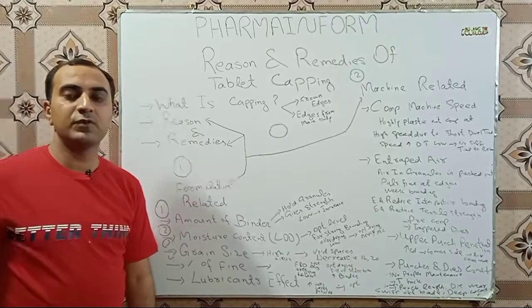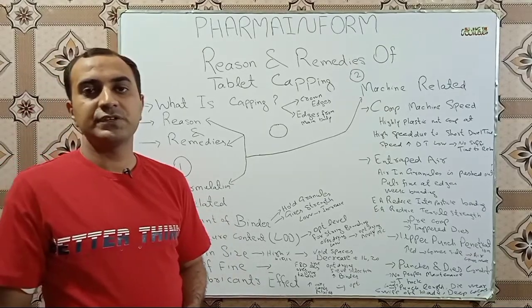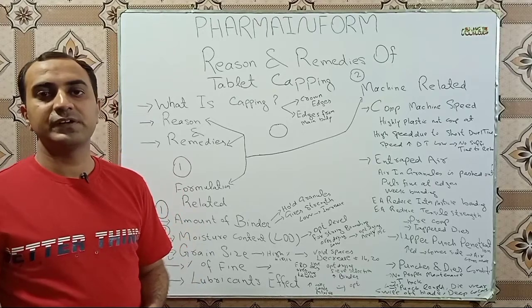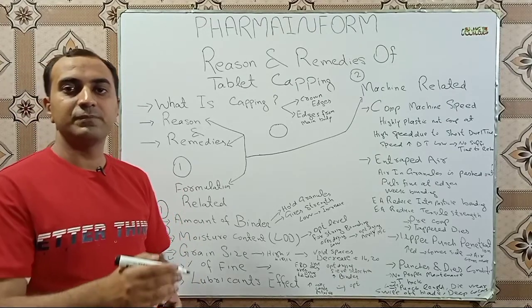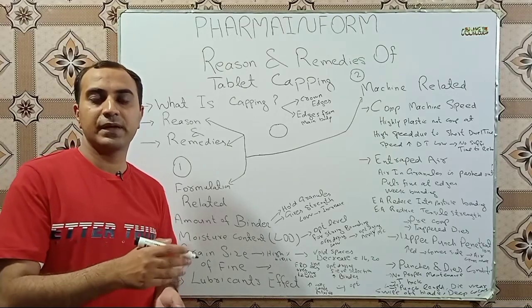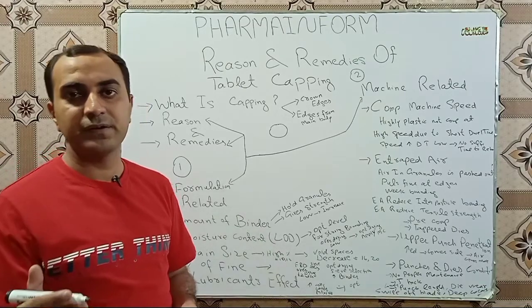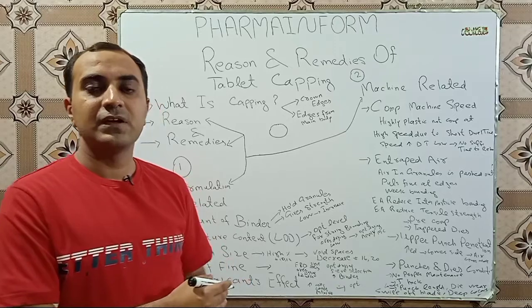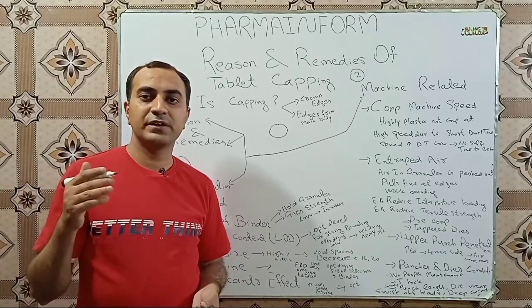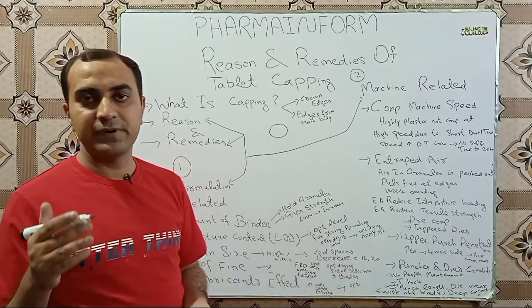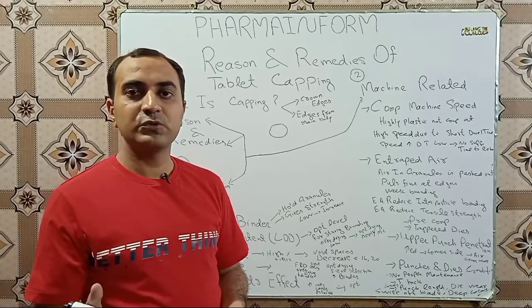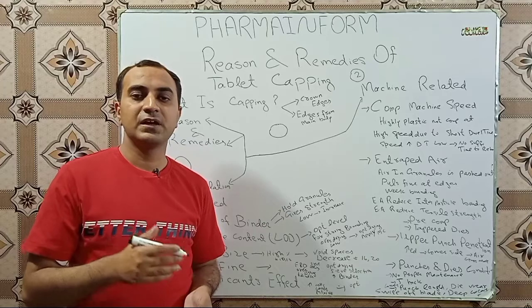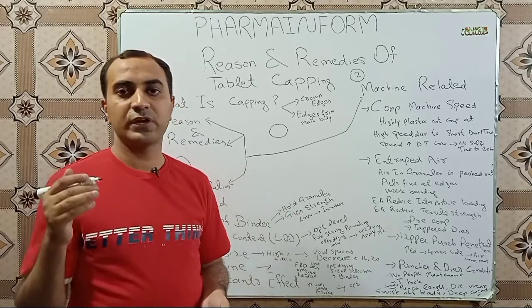So for a brief overview, the formulation related problems which may result in tablet capping are: tablet binder. Less tablet binder will promote tablet capping. We will have to add more binder. The next factor is moisture content. If moisture content is low, tablet capping may occur. We will have to moisten our granules. Next is granule size. Large size granules may promote tablet capping.